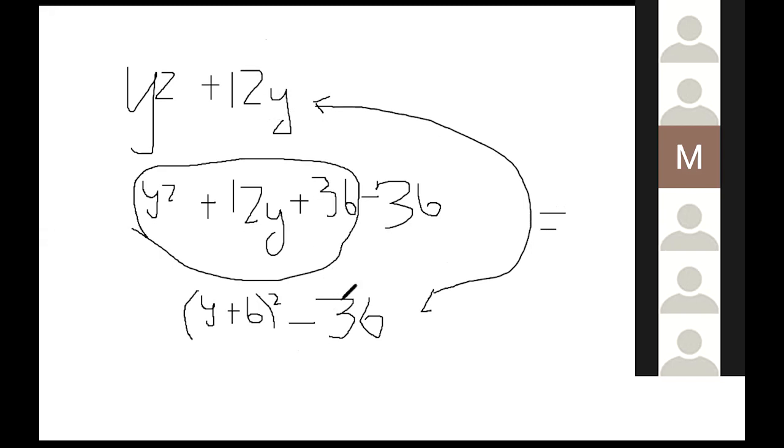Where did they find 36? Because it's 12 divided by 2, which is 6, and 6 squared is 36. Daniel, when I did it, A plus B squared is A squared plus 2ab plus b squared.